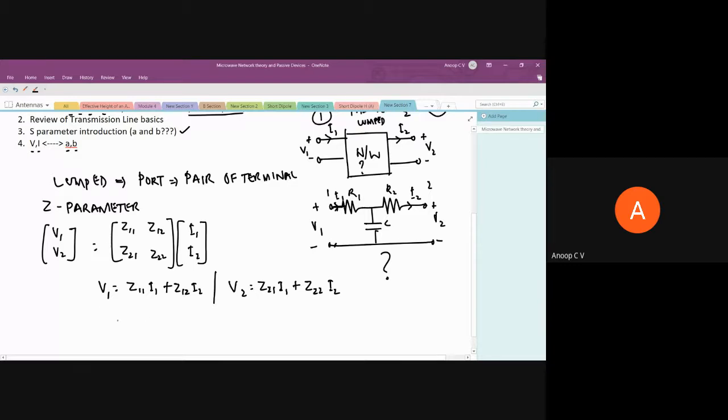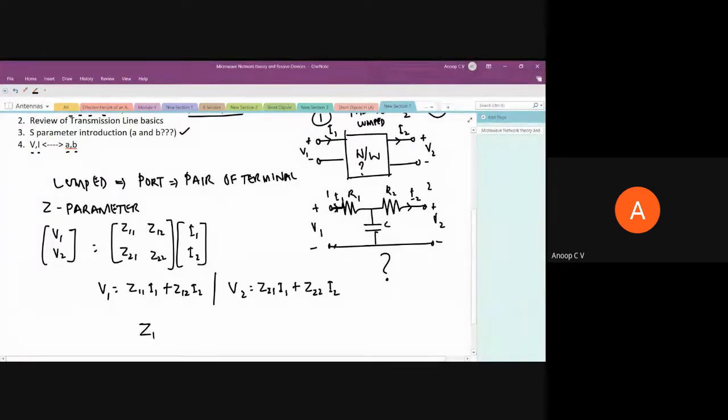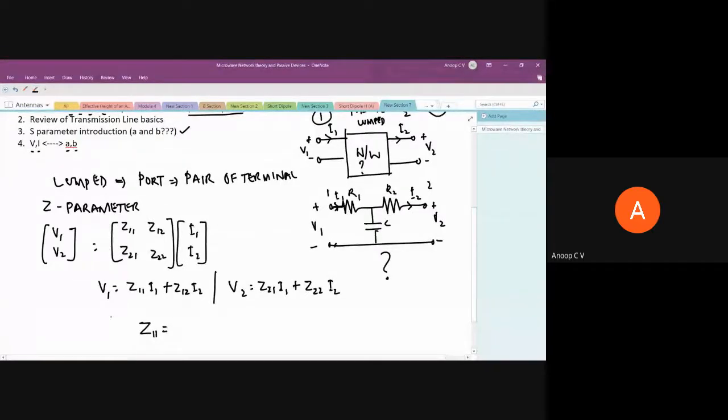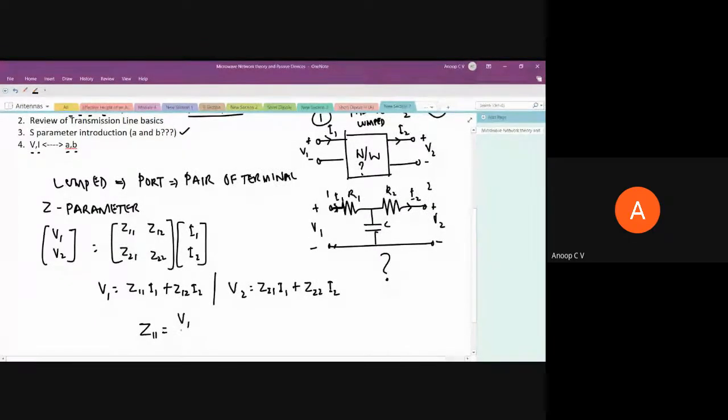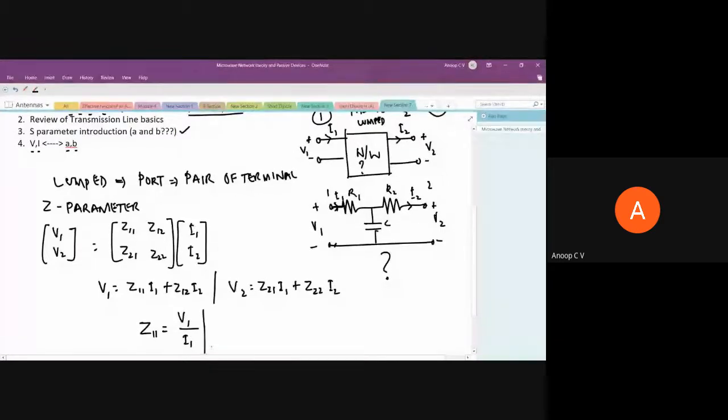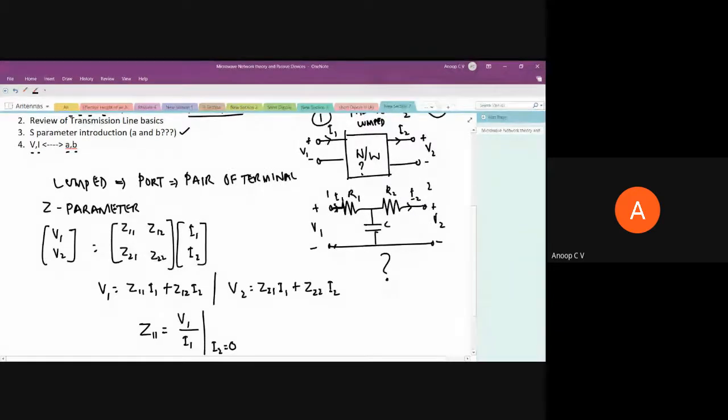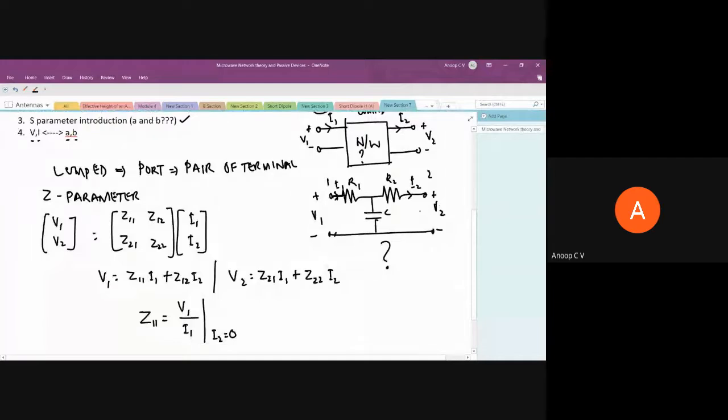So how do we find them? For instance, to find Z11, from this equation, Z11 is equal to V1 by I1 when I2 is equal to 0. Given a network, this is how you find Z11. So I have to make I2 equal to 0. To do that, I should open circuit port 2.